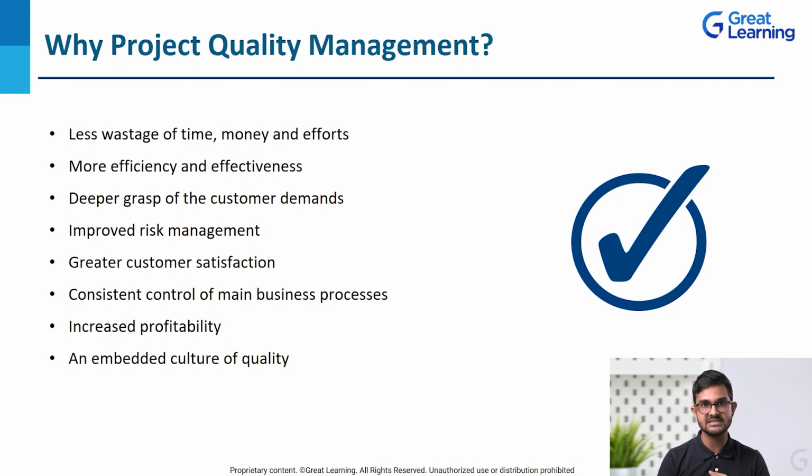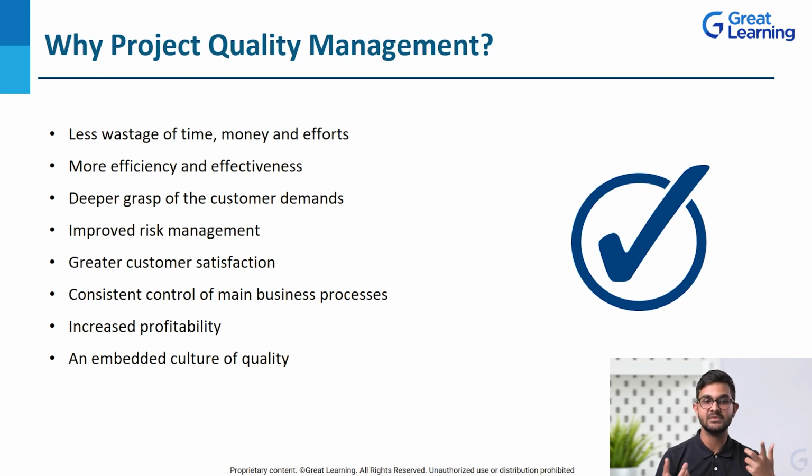Then greater customer satisfaction, because quality is all about meeting the customer demands. If we are able to manage it, the customer satisfaction will be very high, which in turn will make sure that the project is a success and not a failure. Because when we talk about a project, eventually it comes down to project success. Then consistent control of main business processes.